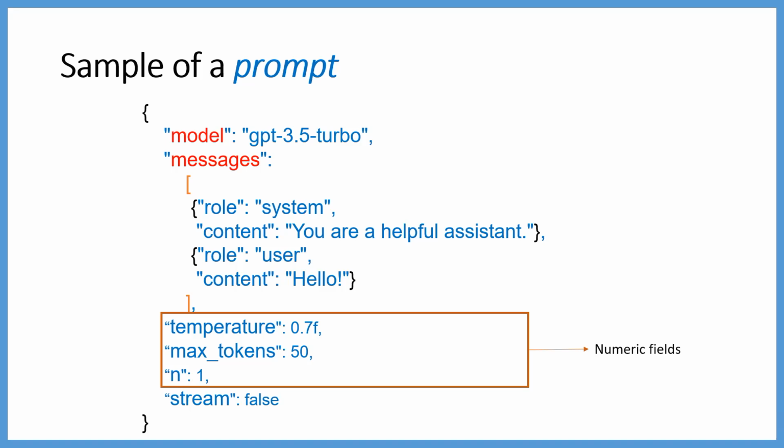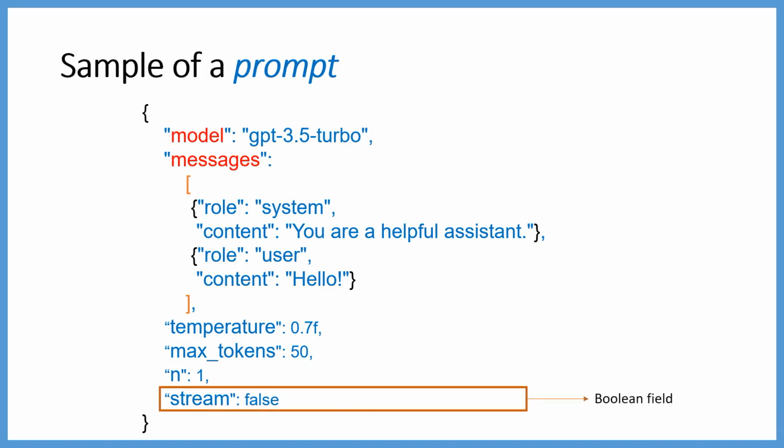In my experience, 200 is a suitable number. The n parameter is how many responses you want the API to return to you. N equals 1 means it returns 1 response. N equals 2 means it returns 2 different responses. In this course, we always set it to 1. The last parameter, stream, is a Boolean type parameter.